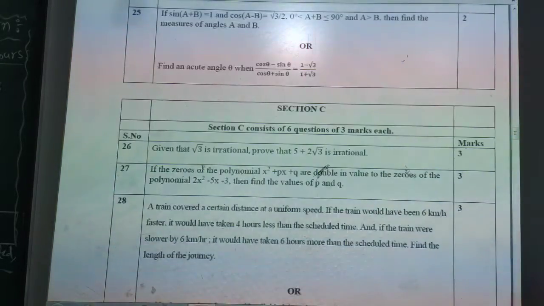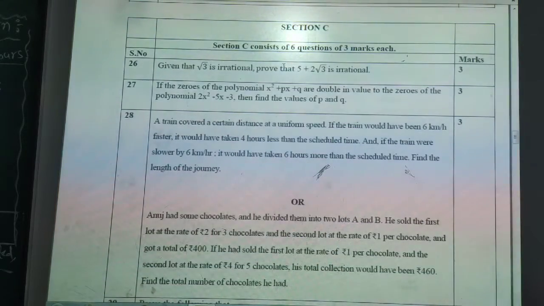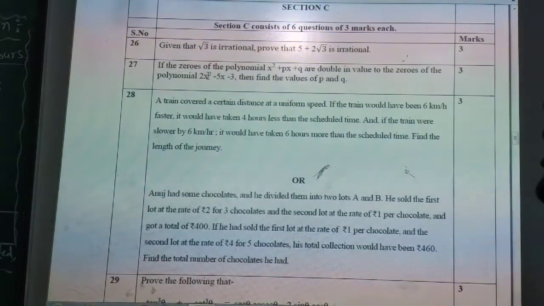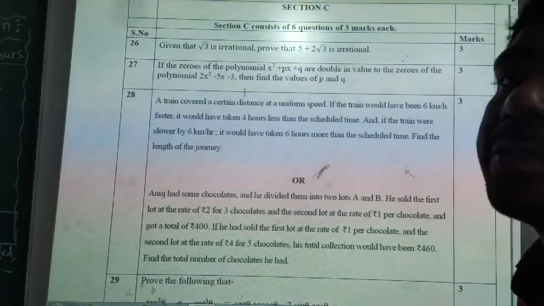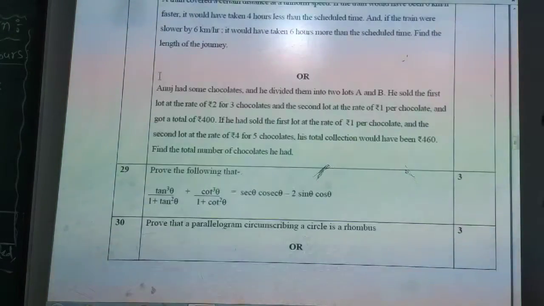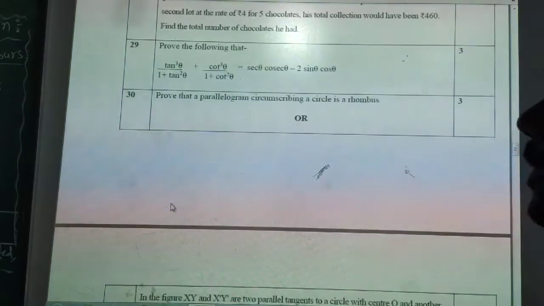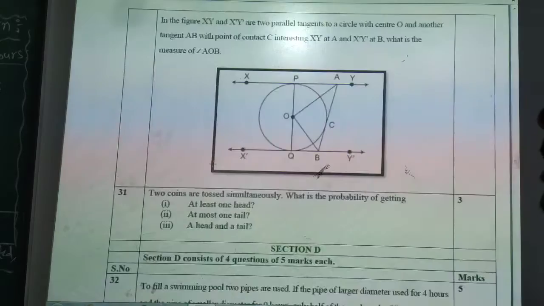Next, section C consists of 6 questions of 3 marks each. Here also, out of 6 questions, 2 questions will have choice. The first question has no choice. The 28th and 30th questions provide choice.